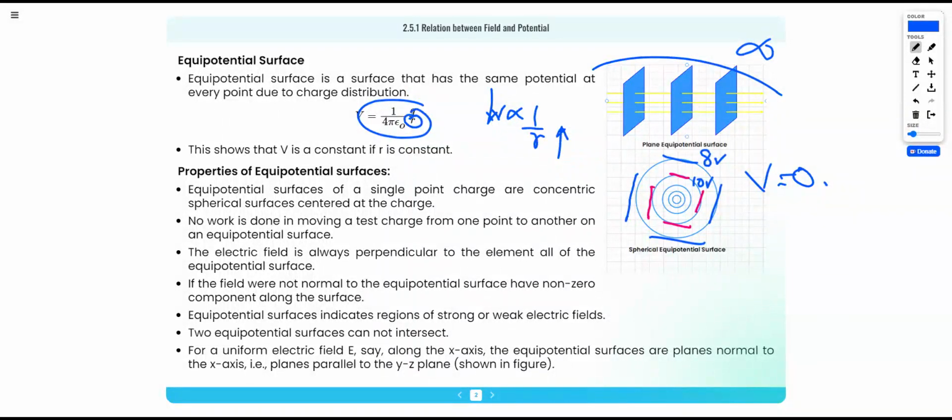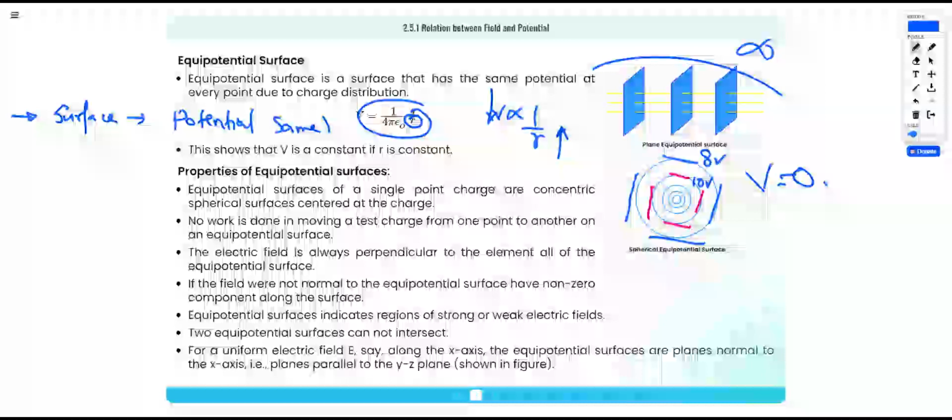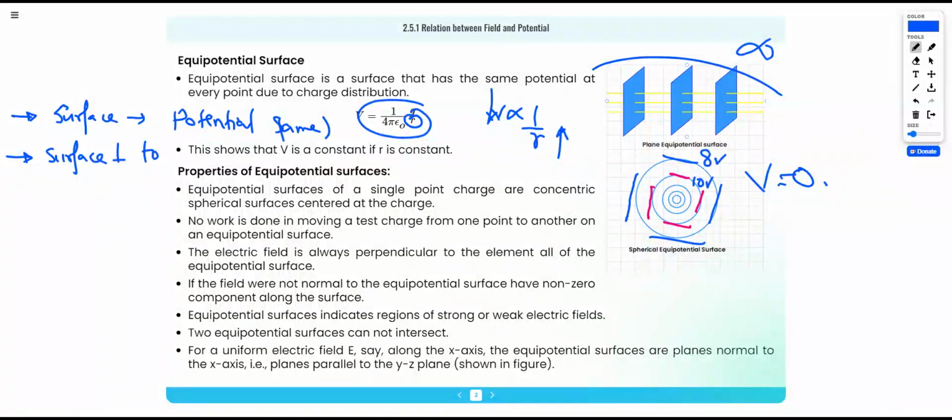Understand? We'll move further. Here are some points. The first thing, at the surface our potential will be the same. Then the surface is always perpendicular to the electric field.